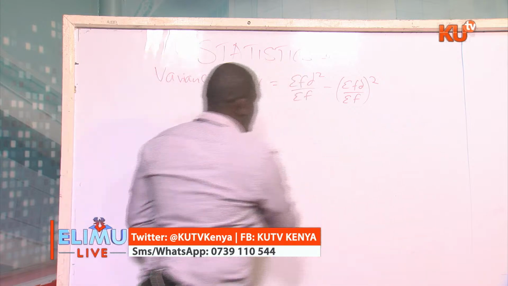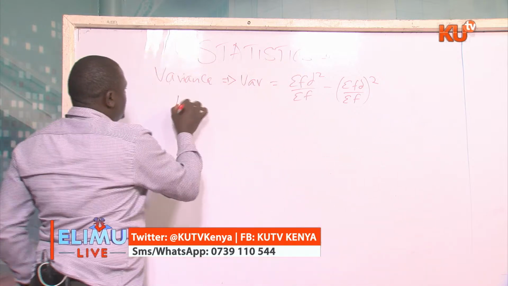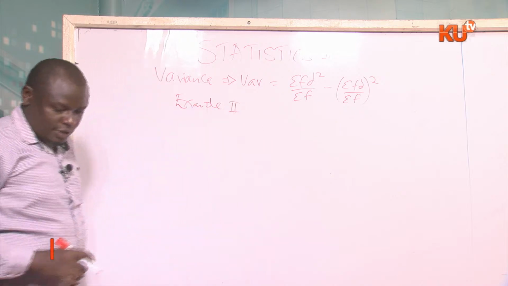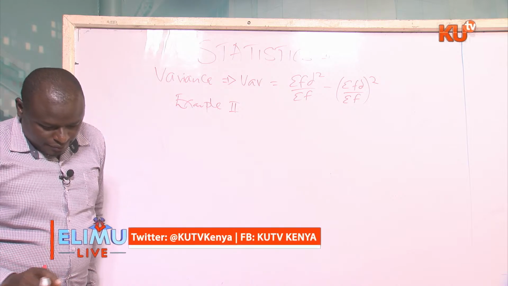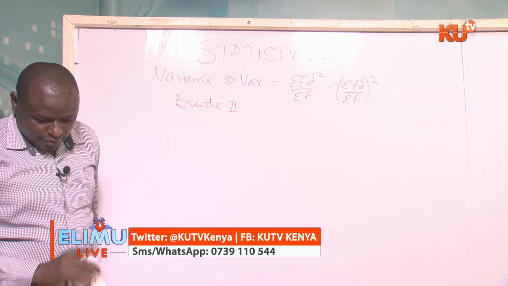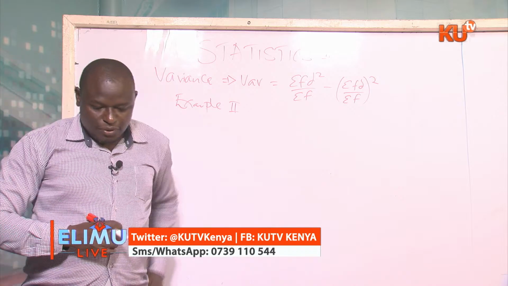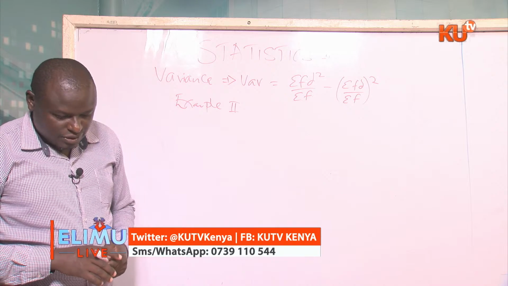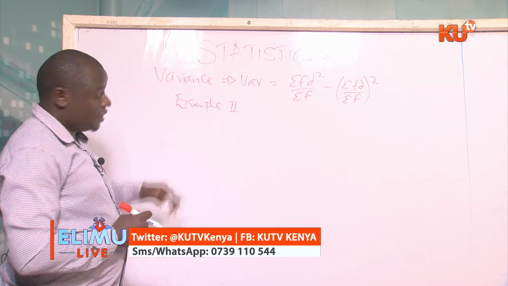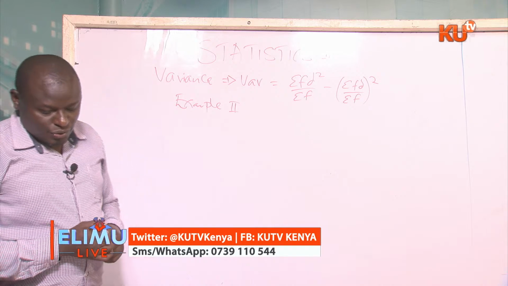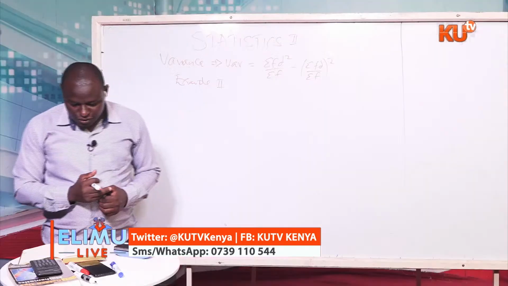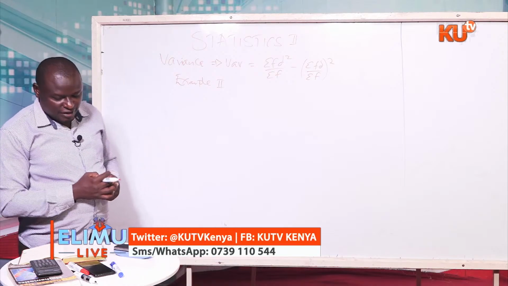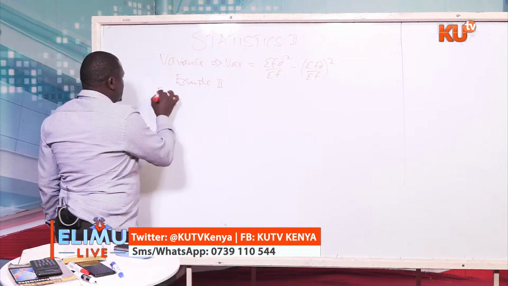I want us to consider example 2. The following table shows end-of-term mathematics results in Form 3 PCT.